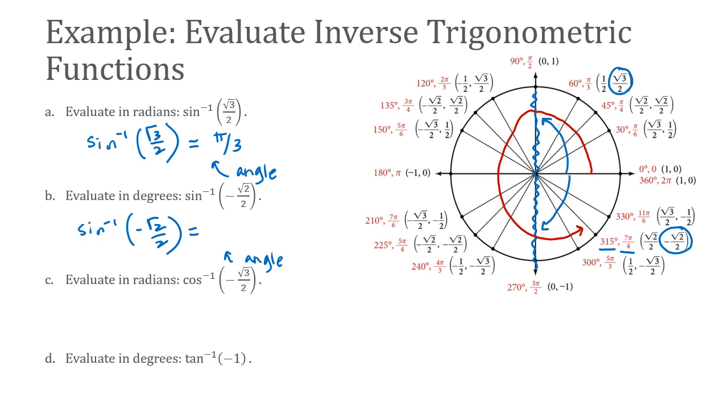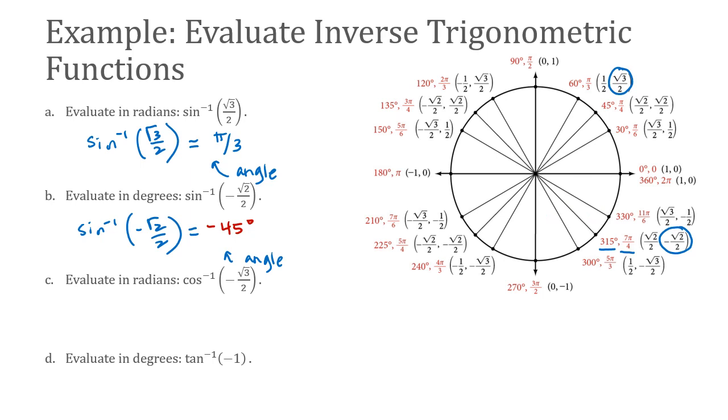So we're not going to write 315 degrees. We're actually going to write something that doesn't make us cross over the border. We're going to say negative 45 degrees, and that is what your calculator would say as well. All right, now let me just erase some of this, clean this up a little bit.